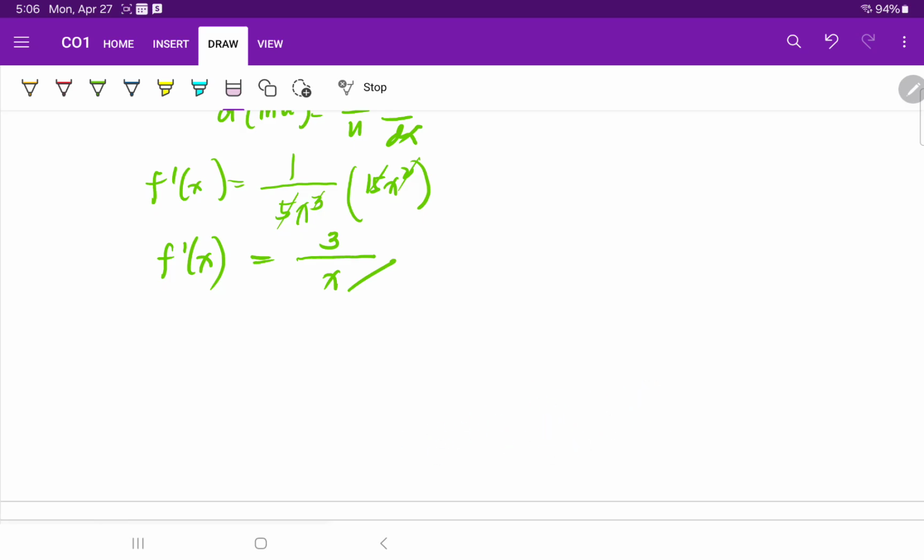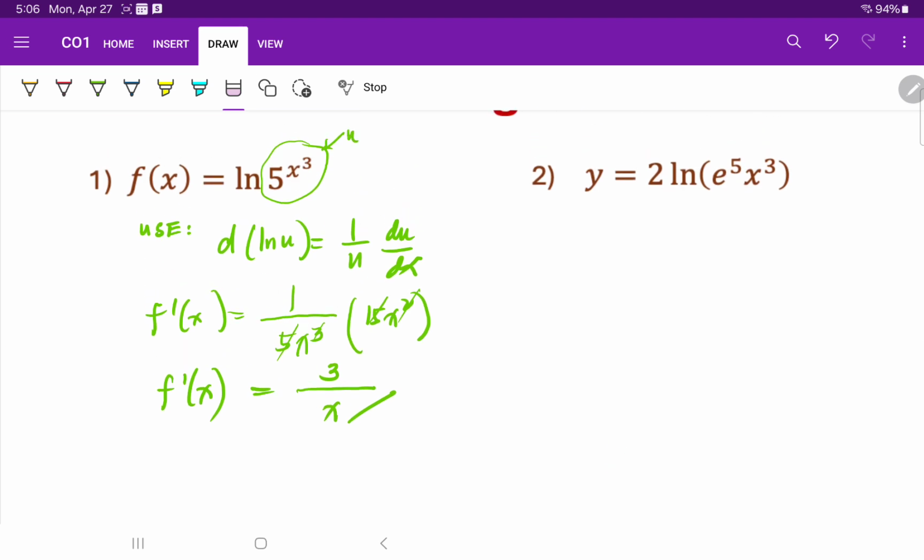We don't simplify yet. So, again, what's the derivative of ln of u? You have 1 over u du dx. Your u is 5 to the x cubed. So, 1 over 5 to the x cubed times the derivative of 5 to the x cubed, which is, sorry, that's why we get a different answer, because I made a mistake.